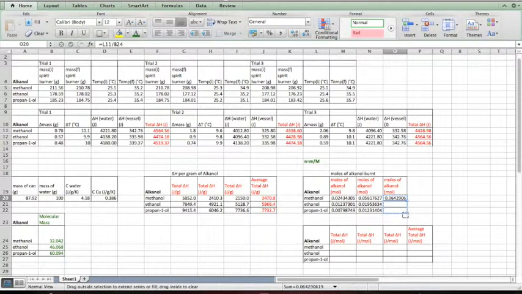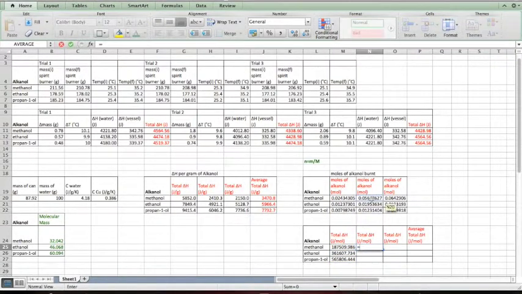So now we have the moles of each of the alkanols burnt in the 9 trials. So now to work out the joules per mole of delta H, what we have to do is have our total delta H and divide it by the number of moles. So total delta H divide by number of moles, enter, and we can drag that down.